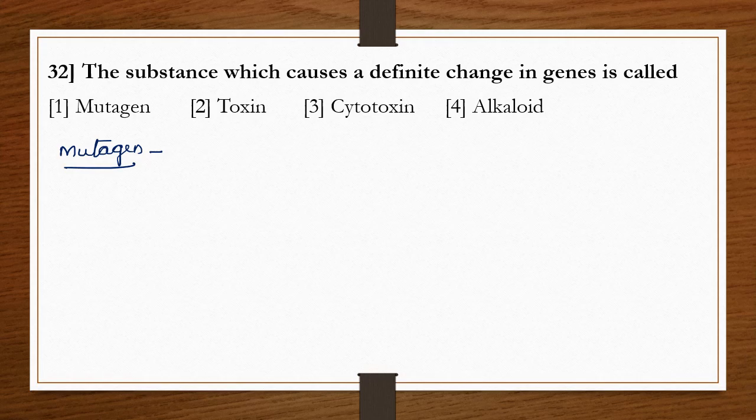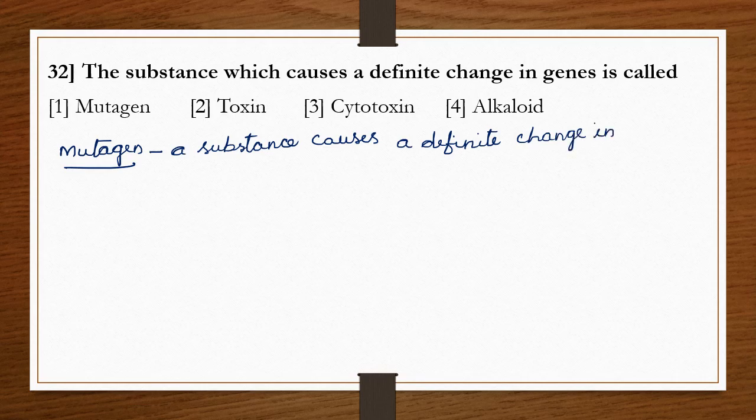A substance that causes a definite change in the gene is called a mutagen.